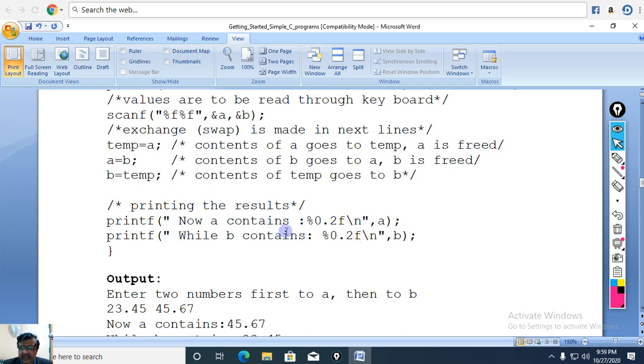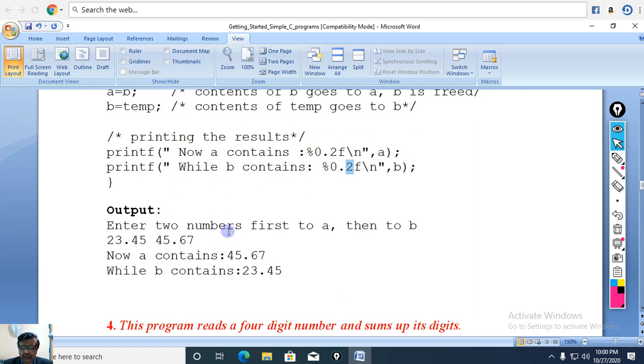Printf, "now A contains %.2f". That means A will have up to 2 decimal places of accuracy, and B will also have up to 2 decimal places of accuracy, and they will have exchanged, because the exchange mechanism has happened through swapping. Enter two numbers, first to A then to B: 23.45, 45.67.